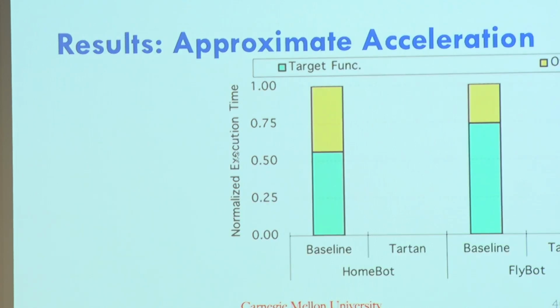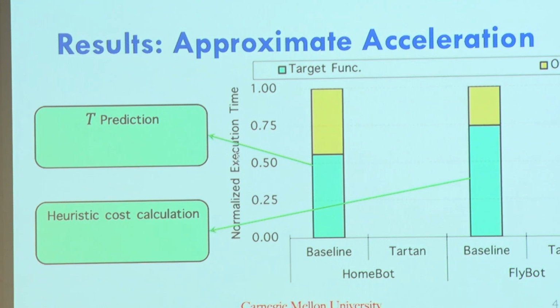So here are the results for this technique for two of the robots, HomeBot and FlyBot. In HomeBot, we have T-prediction, which is a computationally expensive operation for predicting the transformation matrix of a robot in order to understand its translation or rotation in the wild. And in FlyBot, we have heuristic cost calculation, which is, again, another computationally intensive operation.